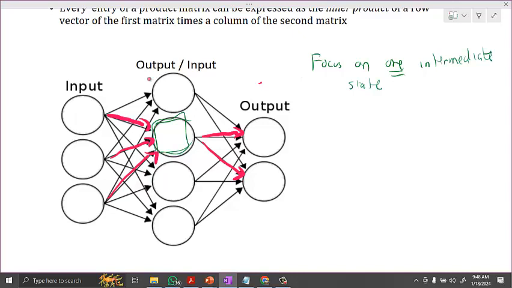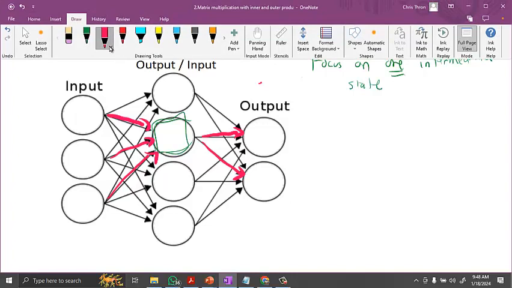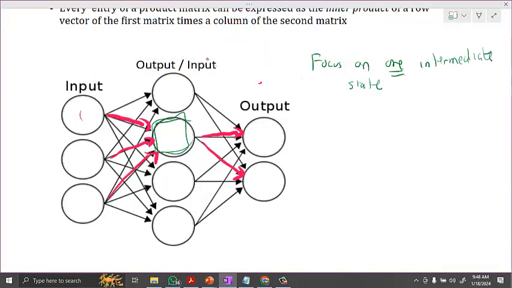Now, what about these arrows coming in and these arrows going out? What does that correspond to in the matrix? Well, if you remember how I labeled these entries, let me put 1, 2, 3, 1, 2, 3, 4, 1, 2. This arrow goes from 1 to 2, so I call this A21.